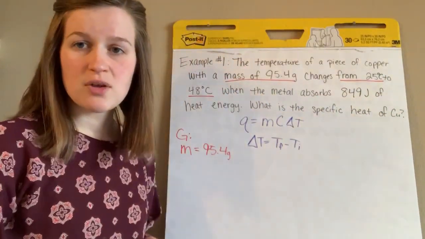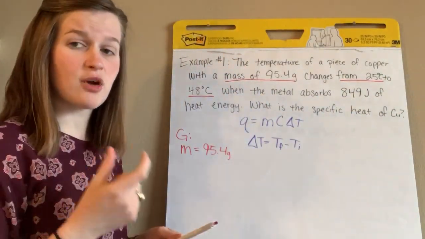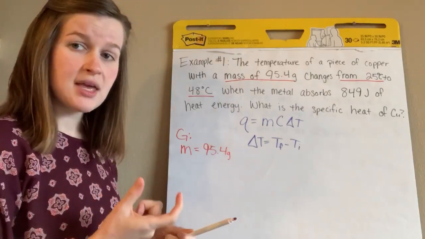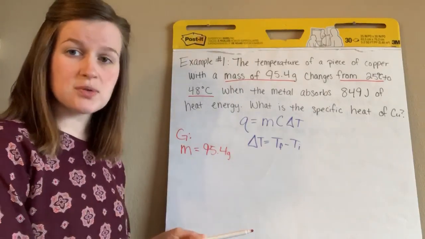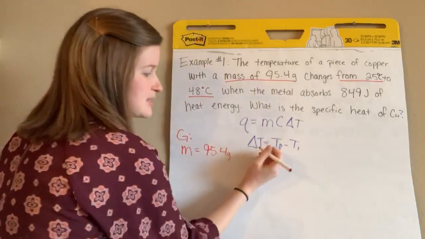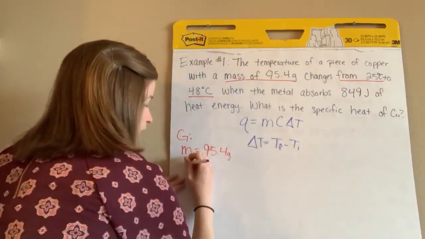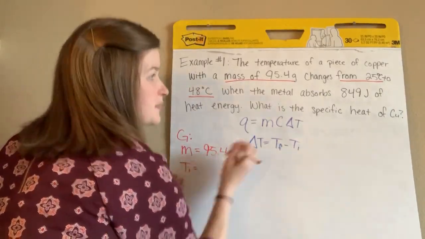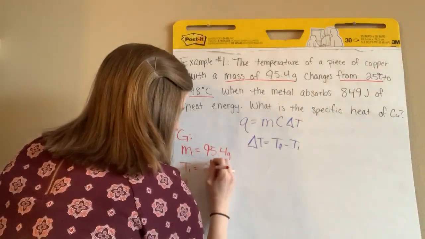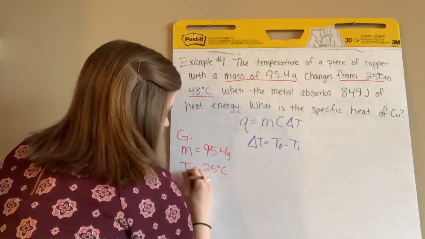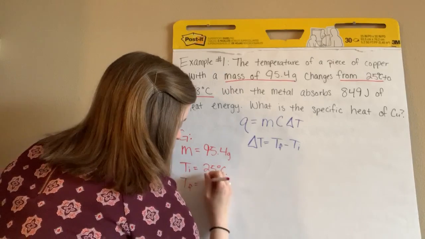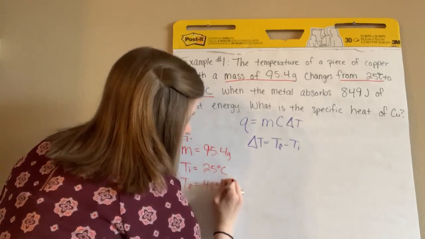In the previous video you watched, the lady tells you that from and to are key words. From is your initial value and to is your final value. So T initial is 25, and T final is 48.